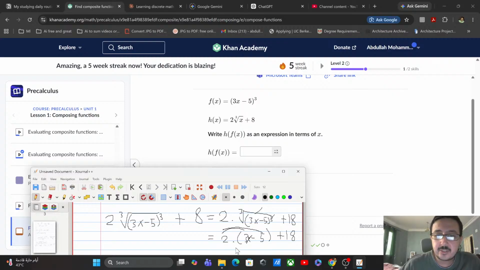So we can't just. So we will have to distribute the 2. So it's going to be 2 and 3x, that's 6x, minus 5, that's minus 10, plus 18. That's equal to 6x plus 18 and minus 10, that's plus 8.